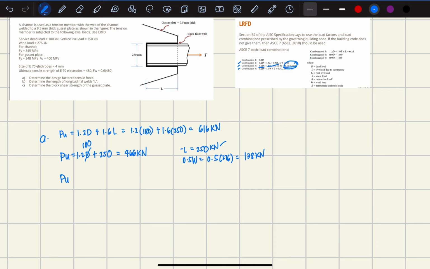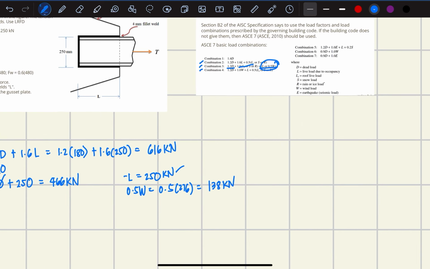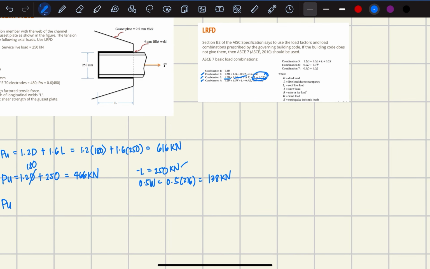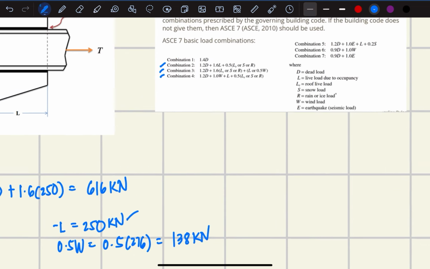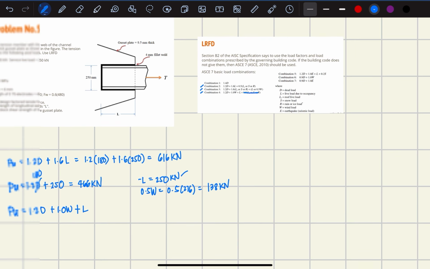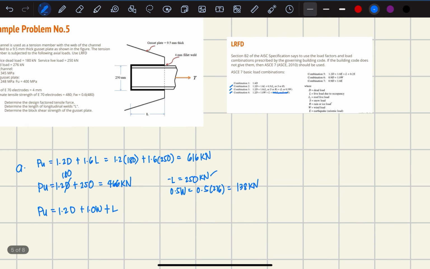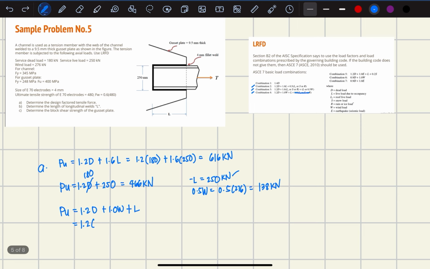Then, may isa pa tayong kailangan i-check, yung combination 4. Yung 1.2 times dead load plus 1.0 wind load plus live load. Yung ibang loads dito, ine-neglect na lang natin kasi wala naman binigay. To solve this one, just substitute the values. 1.2 times dead load is 180.